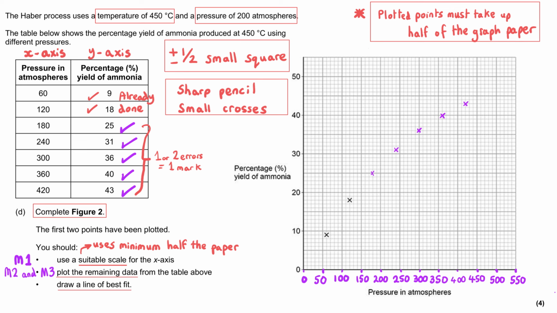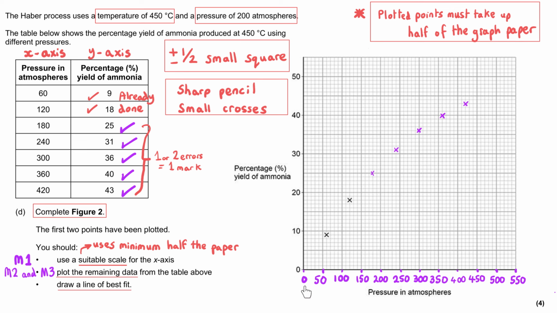Crosses are definitely better than dots because it's easier to aim them, and it's also easier to see them once we draw our best fit line that we're about to draw in a minute. It's very easy for dots to get hidden by a best fit line, and so you could end up losing the marks for plotting the points if your best fit line covers up those dots that you are using to indicate the points.